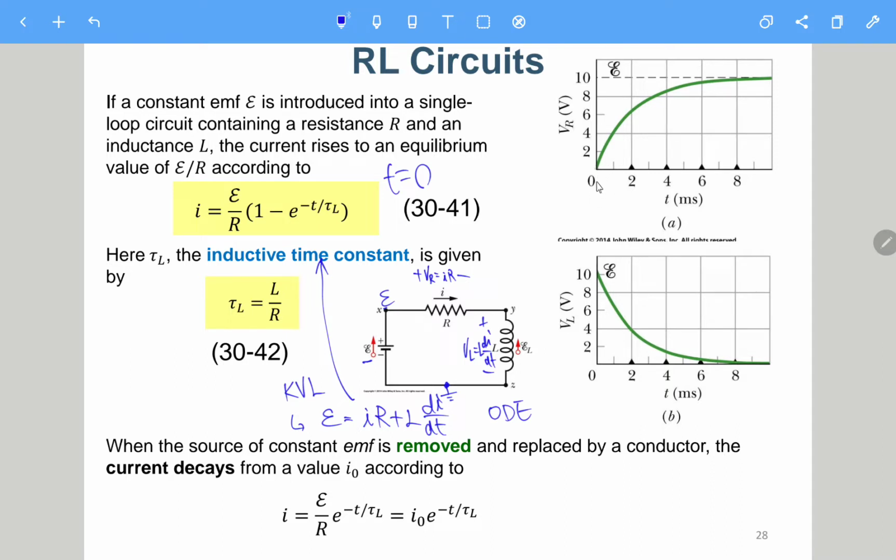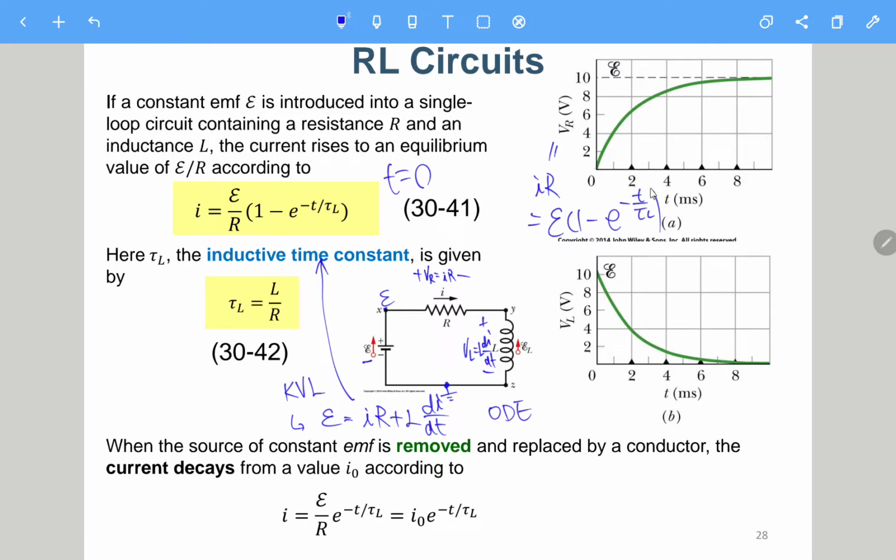So at the very beginning, it is 0. Here VR is nothing but I times R, just multiplied by a constant. So without this R, it becomes E times 1 minus e to the negative t over tau L. At the beginning, at t equals 0, this one is 0.